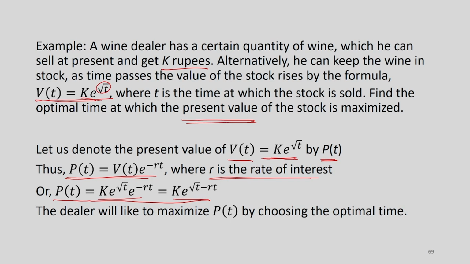Now, what the dealer wants to do is maximize this Pt, and he can do that because it is a function of a single variable. And what is that variable? It is time, that is, at what time the stock will be disposed, that he has to find out.